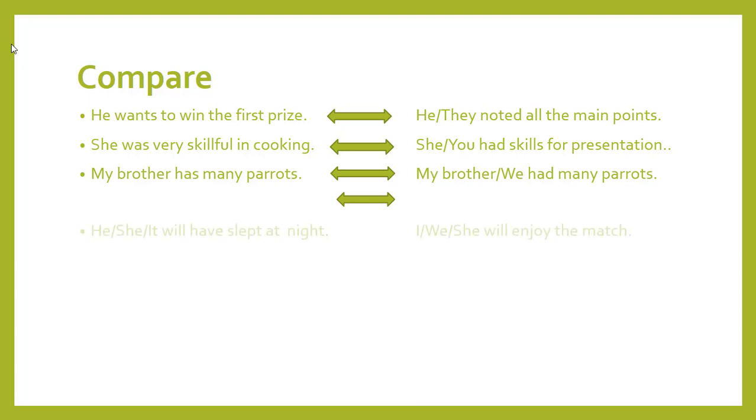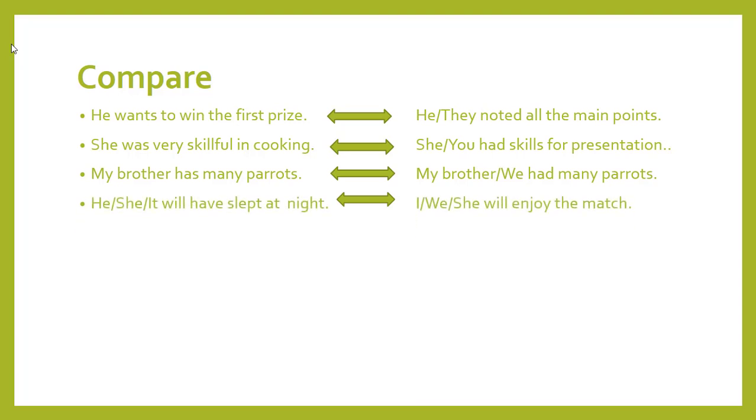Now we go to comparison number 4. He or she or it will have slept at night. In this sentence, he, she and it are singular subjects. They have the verb form will have slept, while the sentence to be compared is: I, we, she will enjoy the match.